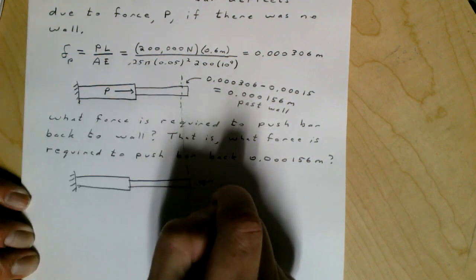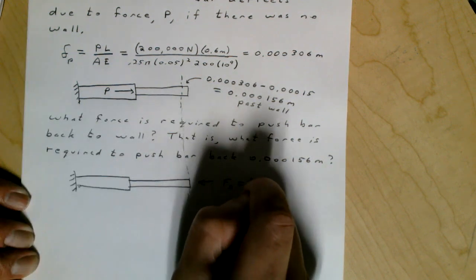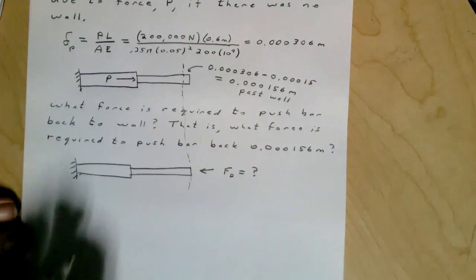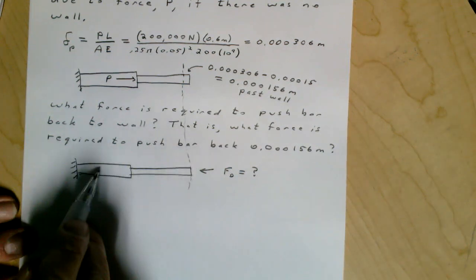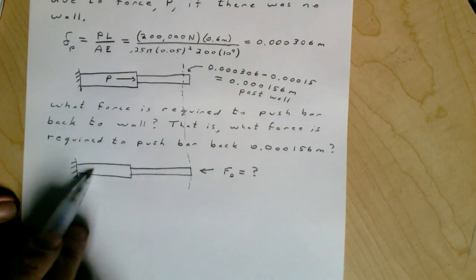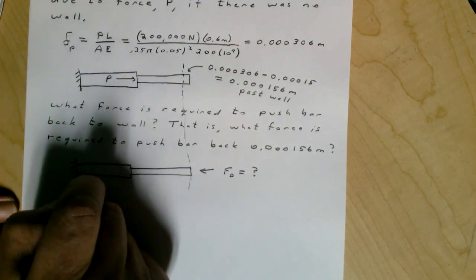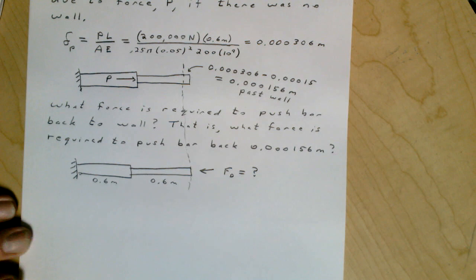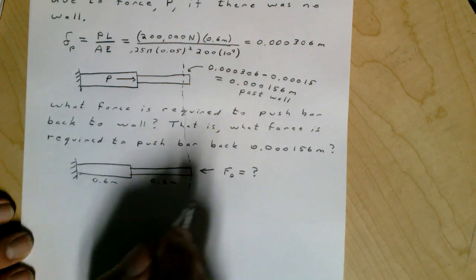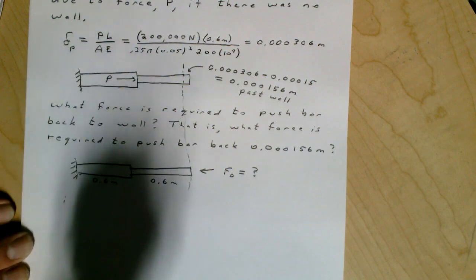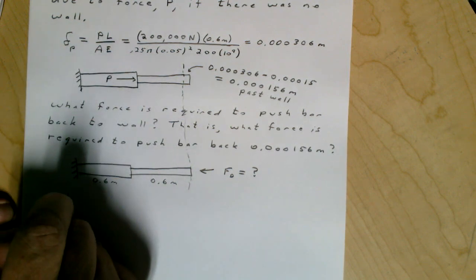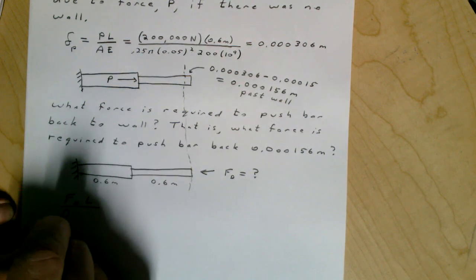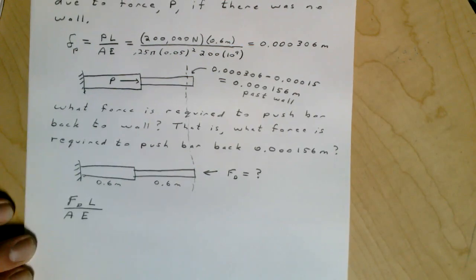So we want a force here, call it F_D. We want to know what is that force going to be. So our force is going to be pushing all the way through here. That means it has to compress this whole assembly. And this is 0.6 meters long here. And so we'll apply our force, FL/AE, to this section.